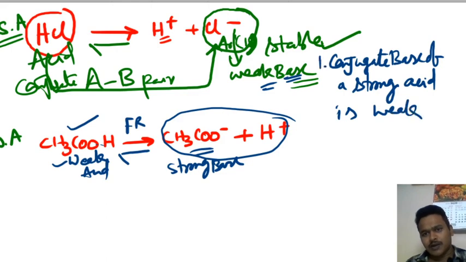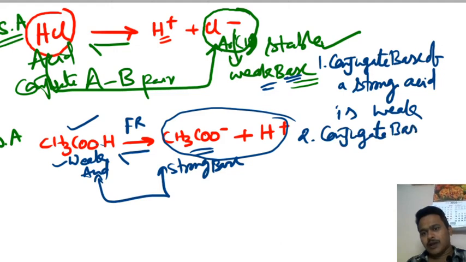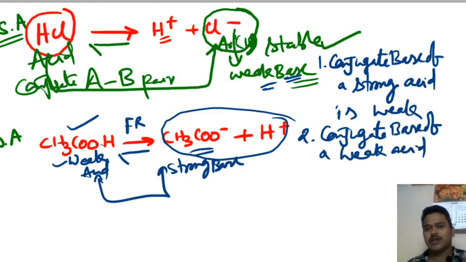And second point: the conjugate base of a weak acid is strong. Both are conjugate acid base pairs only.